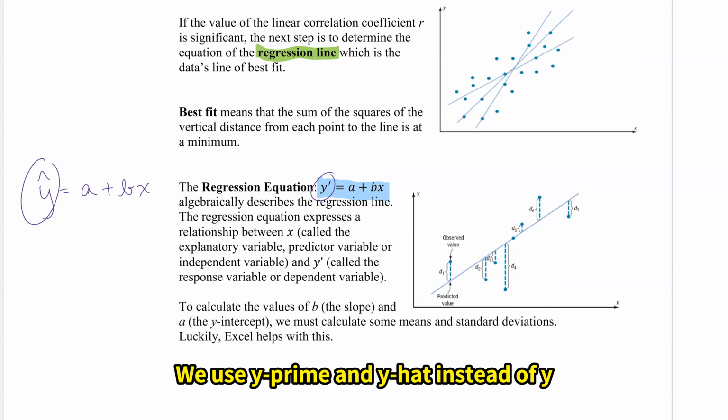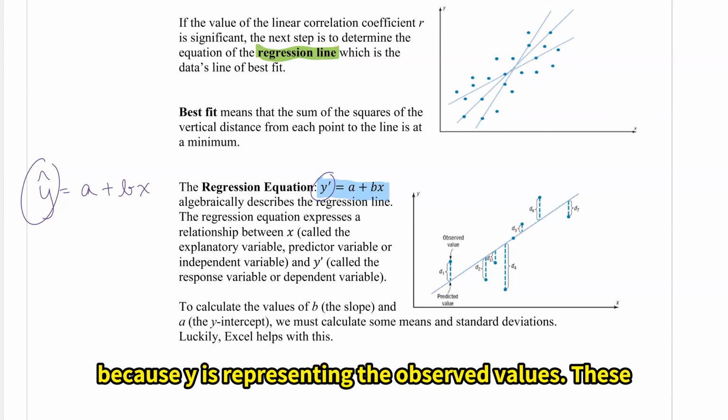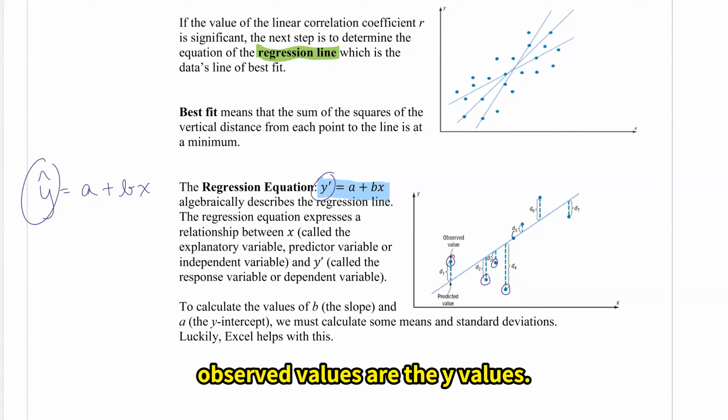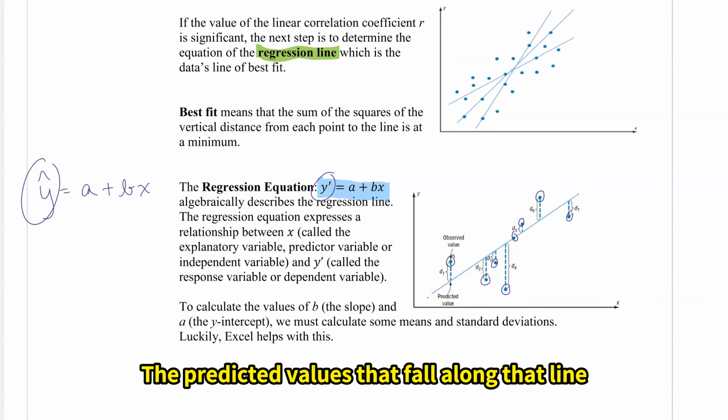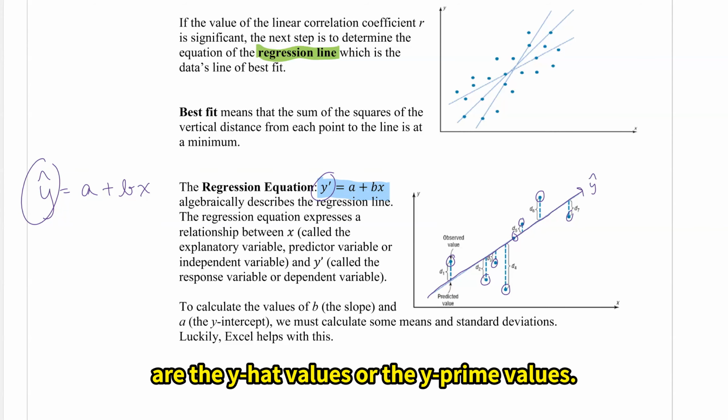And we use y prime and y hat instead of y because y is representing the observed values. These observed values are the y values. The predicted values that fall along that line are the y hat values or the y prime values.